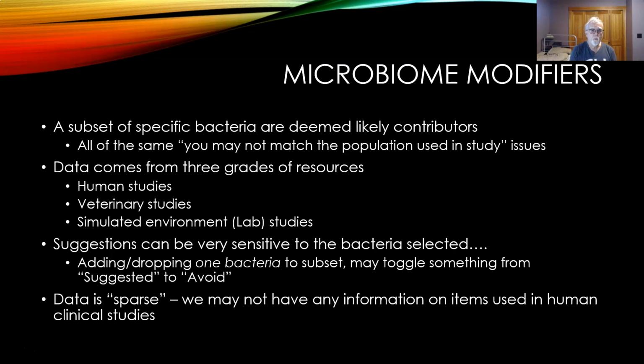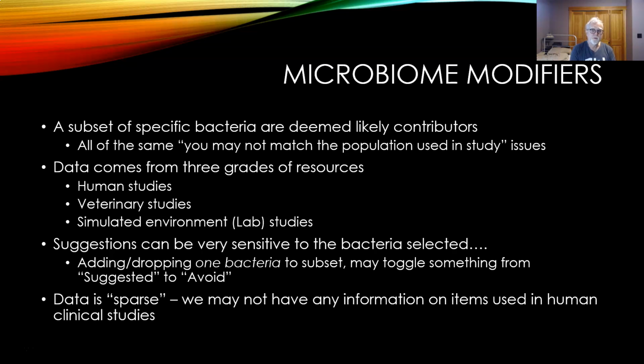And the last one, which we find occasionally, is, for example, a simulated environment, often as lab studies. The problem with the simulated environment is it generally does not capture all the complexities of the human environment, so that you have a prospect of going down the wrong path totally because of factors which are not being replicated precisely in the lab environment.